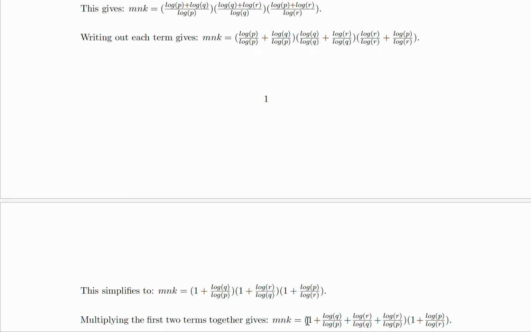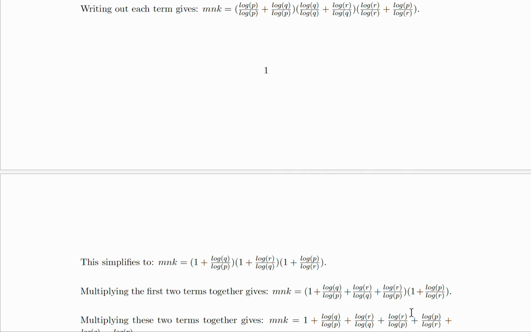And I'll do the outside: 1 times log of r over log of q gives this term. And then log of q over log of p times 1 gives this term. And finally, the last term is this times this. And you'll notice that the log of q's cancel out, and we're left with log of r over log of p. And that's here.